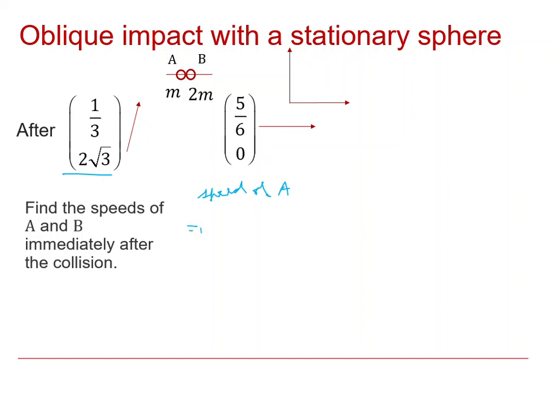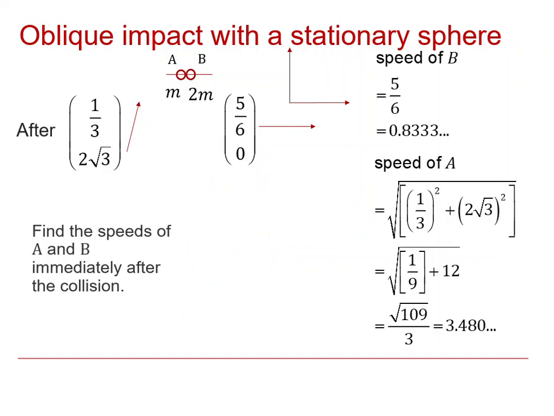So that will be the square root, the usual Pythagoras calculation, of 1/3 squared plus 2 root 3 squared, which gives us the square root of 1/9 plus 12. Well, 12 and a ninth is 109 over 9. So 109 over 9 square root. And the speed of B is trivial because that's just got a single component, so that will be 5/6.